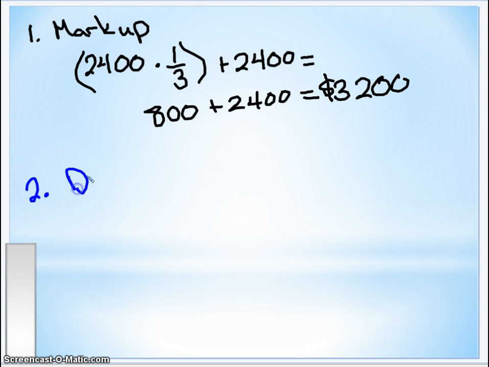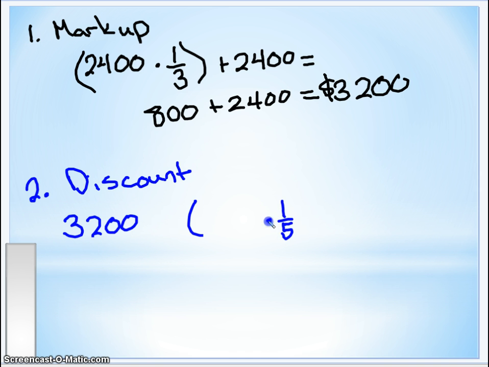After they show you that price, they say we are going to have a sale. So then it's a discount, which is the same as a markdown. And they say, okay, the price is $3,200, but we'll give you this discount of 1/5 off of. Remember, off of means we're going to multiply, so we have to have that 3,200. 3,200 times 1/5 equals $640.